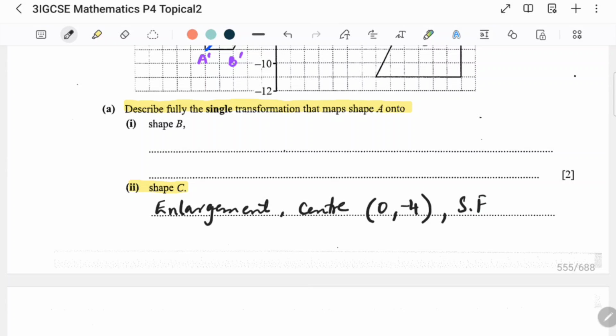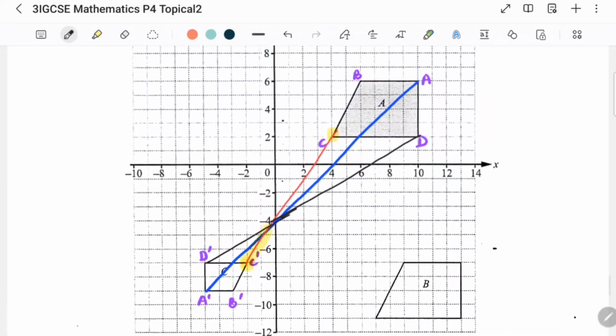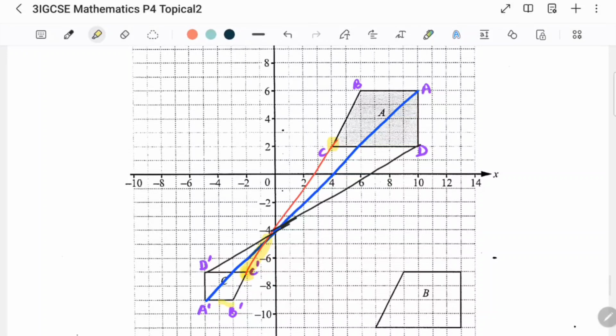Now the scale factor, length of image upon length of object. Your image has 2 and then they have, let's see, take the smaller one, 1 2 3 4. If you are taking A to A prime, A prime to B prime, then take this one, otherwise it will be wrong.